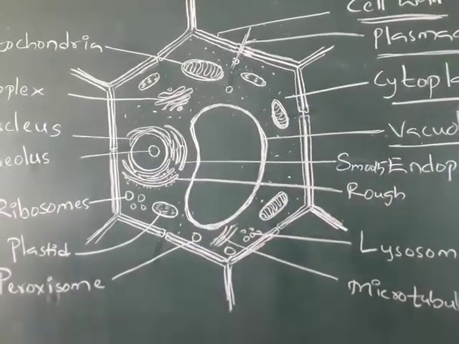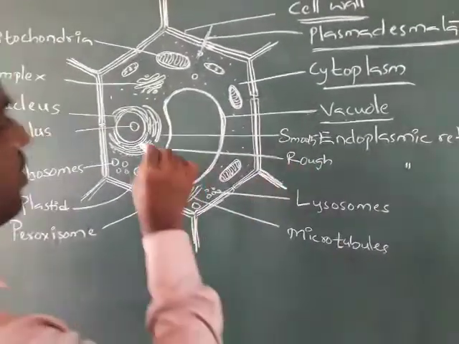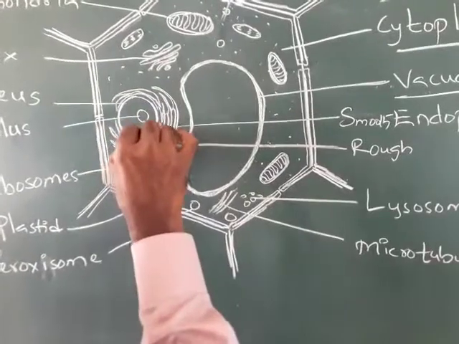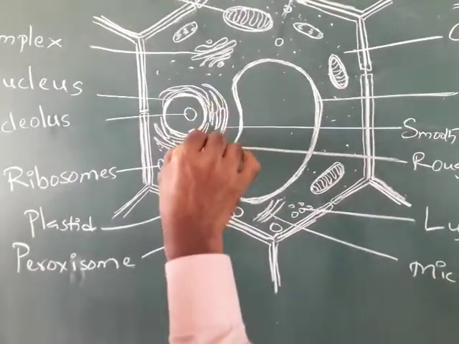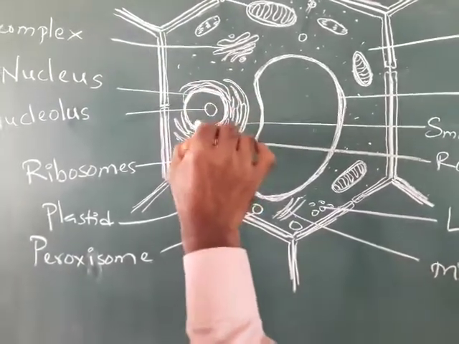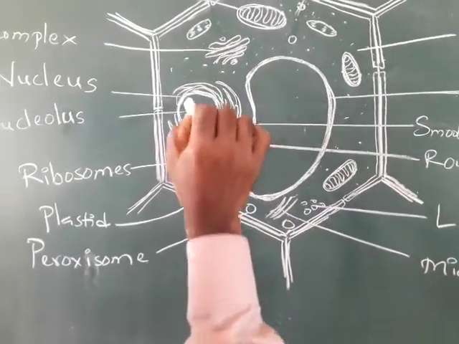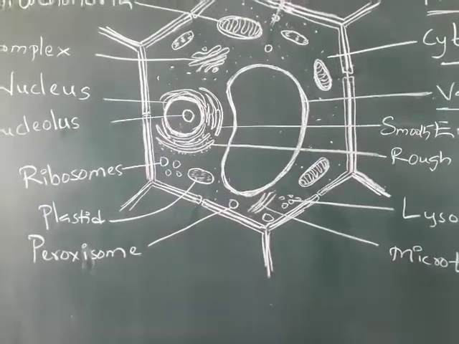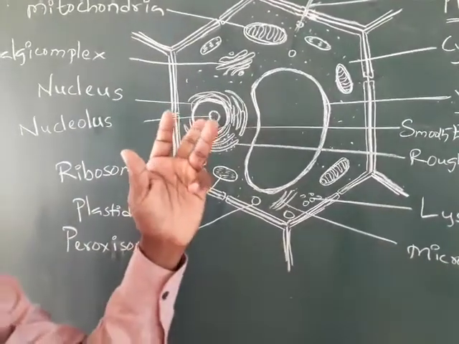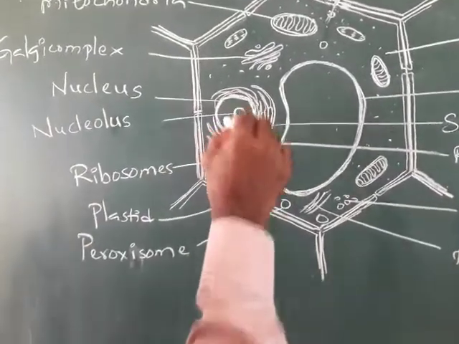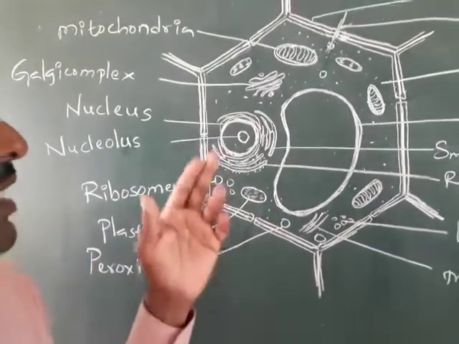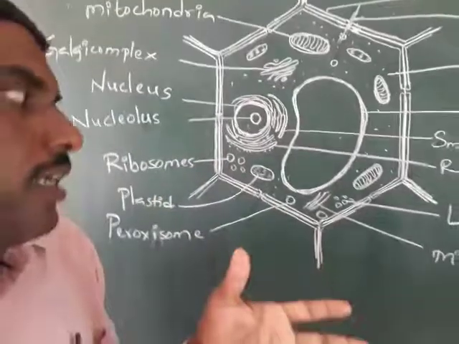And the next thing is the most important organelle, the nucleus. Here is the nucleus containing the nucleolus, and this nucleus has the genetic material, the DNA, in the chromosome form in eukaryotic organisms.